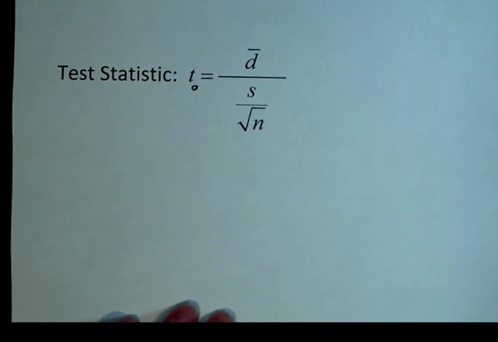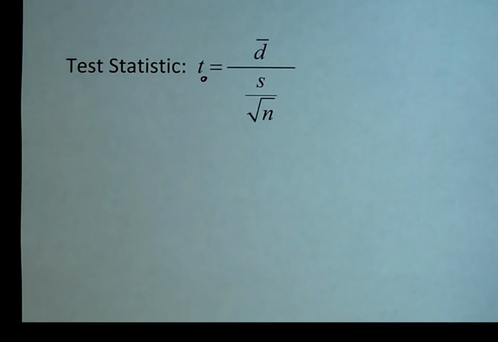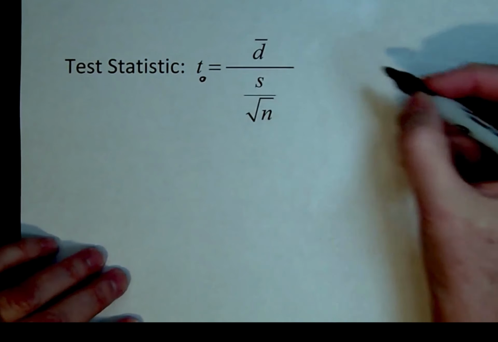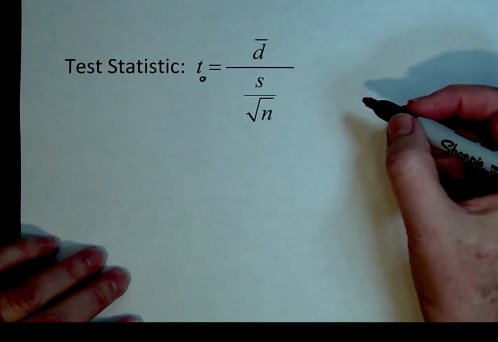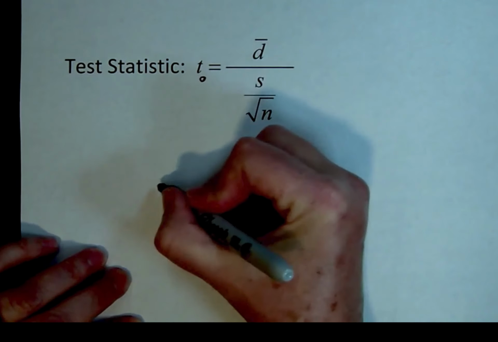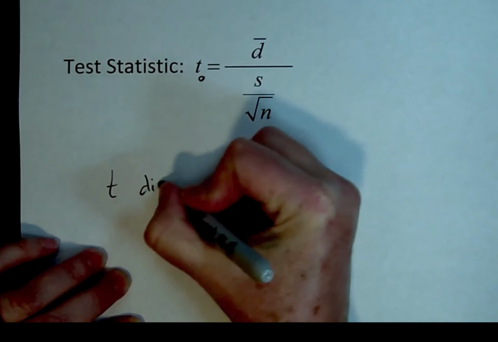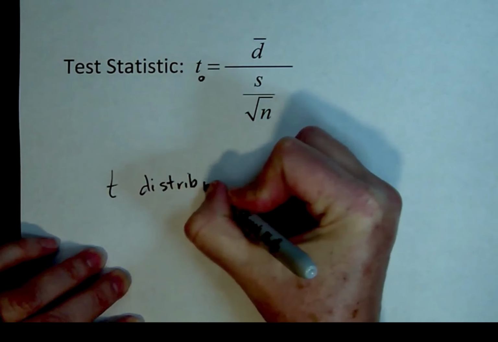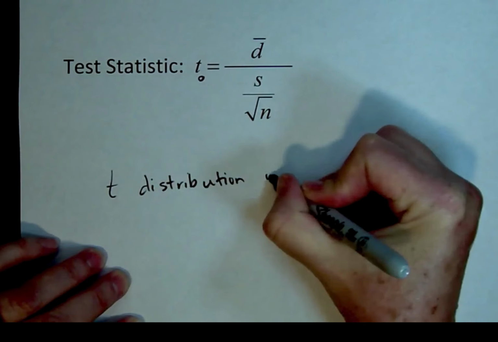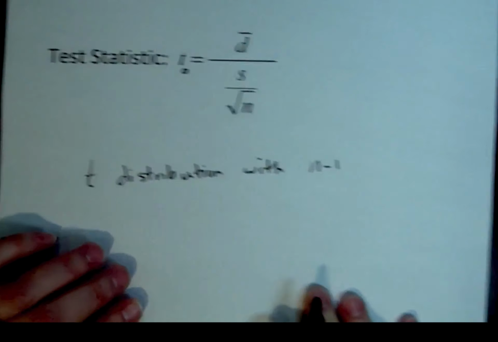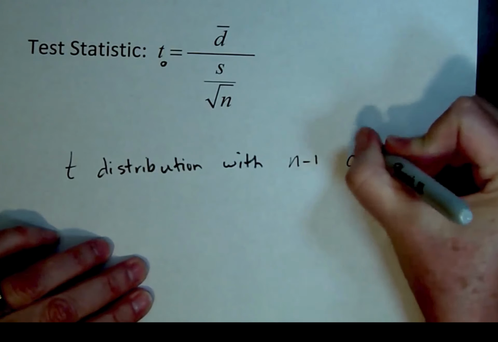Okay, again, here's our test statistic. It's a t. Remember, when you're using the t distribution, you have to know the number of degrees of freedom. And as before, this is the t distribution with the number of degrees of freedom being 1 less than the sample size.